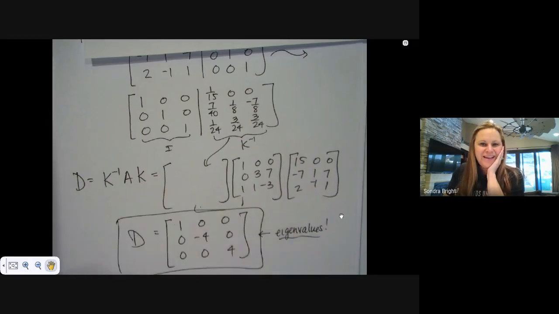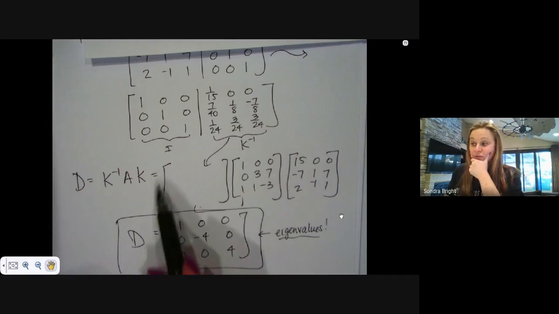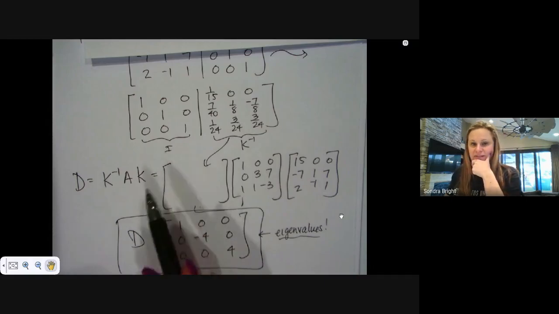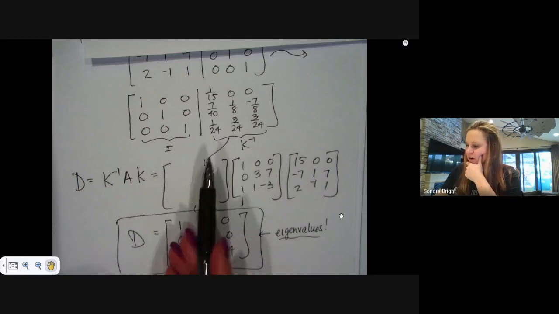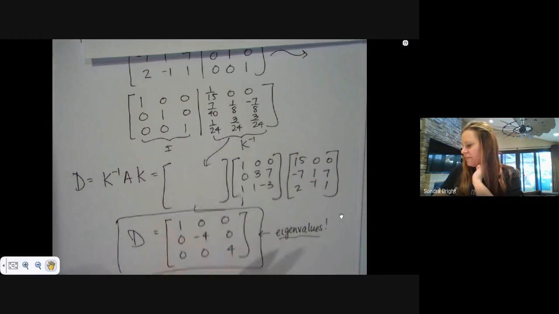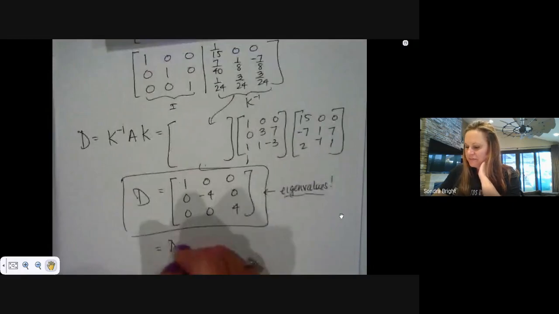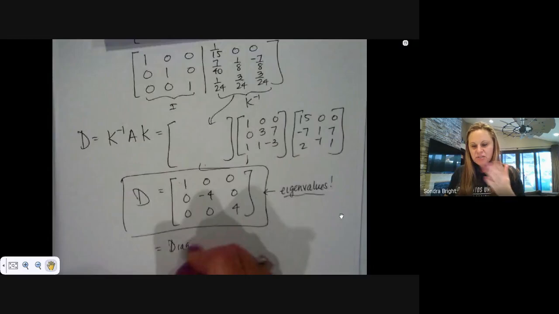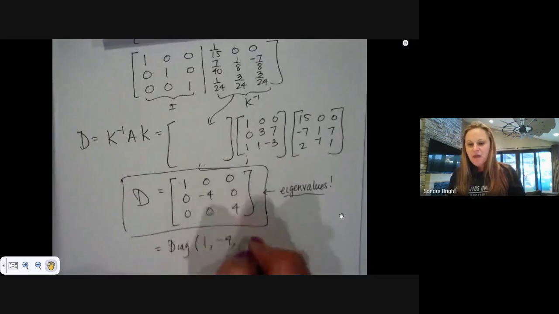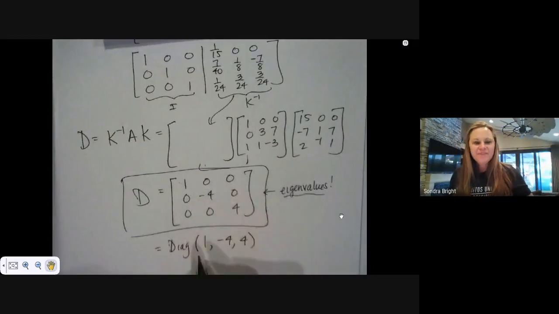I think I do have you confirm that your K was correct and all that. Also, your book may write this as diag, and then you write the 1, negative 4, 4. That's what that notation means. It's the diagonal matrix. Okay, there we go.